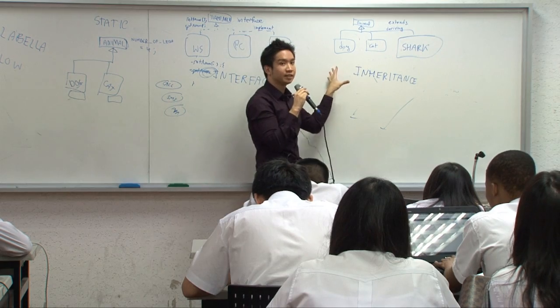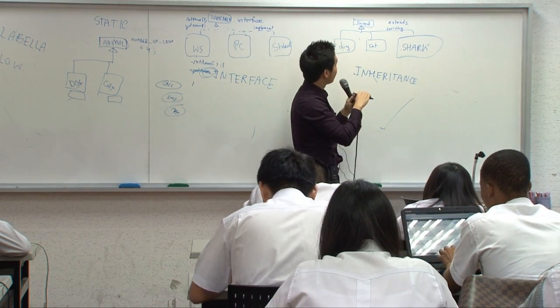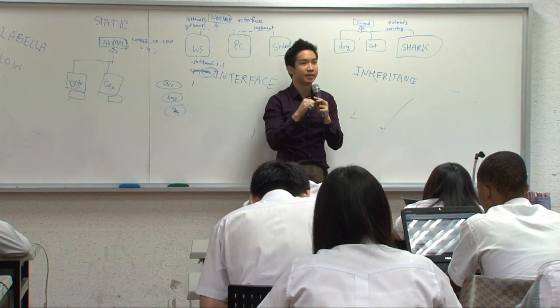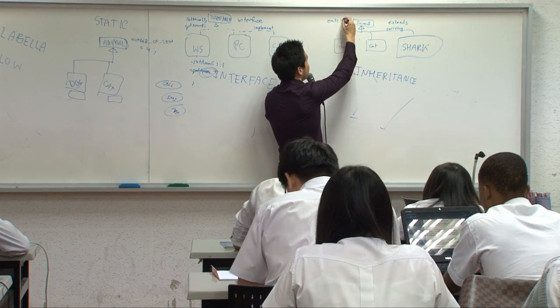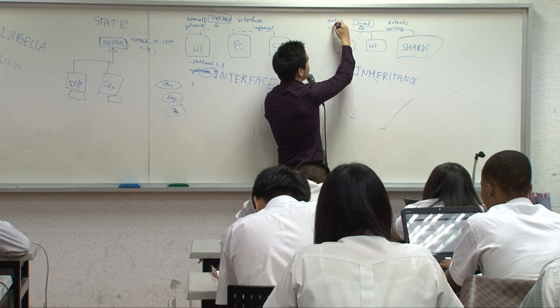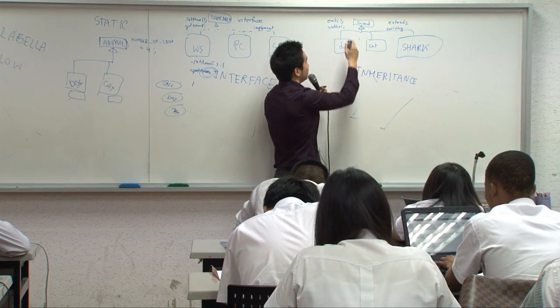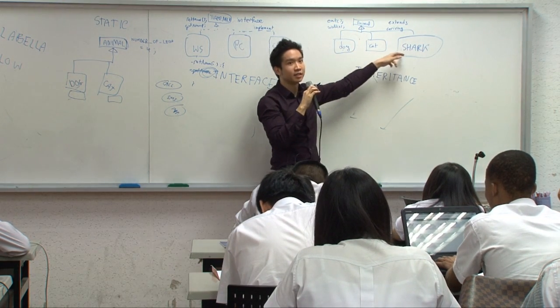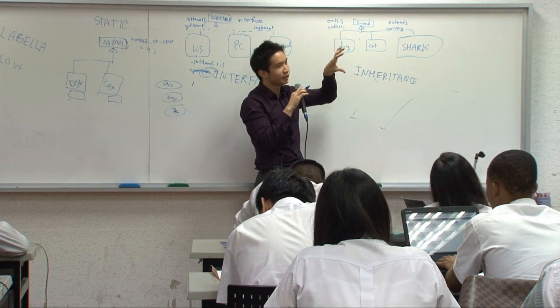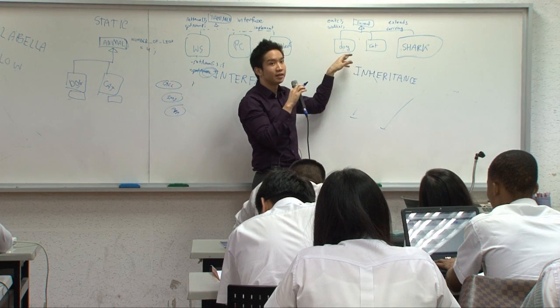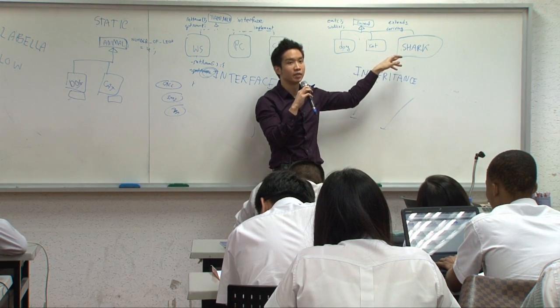For inheritance, you don't have that enforcement. If animal has an eat method and a walk method, the dog, cat, and shark will inherit, or extend, those methods as well.